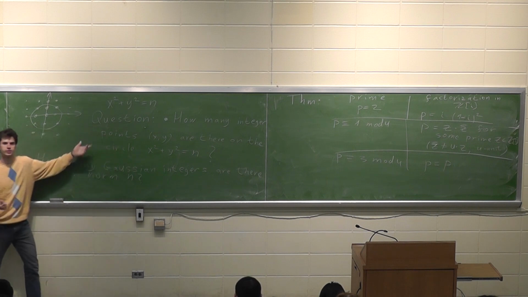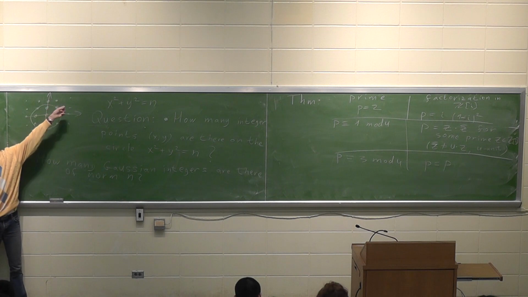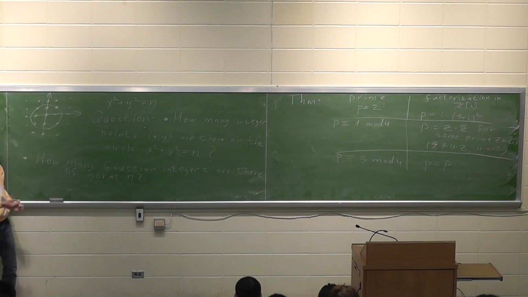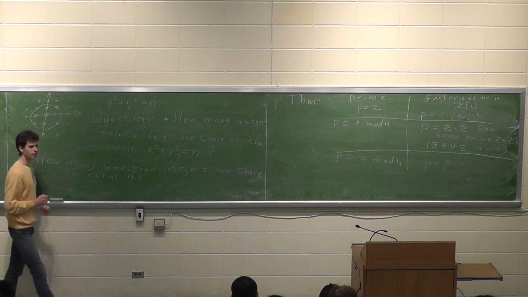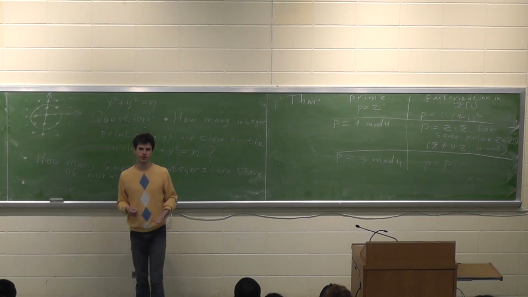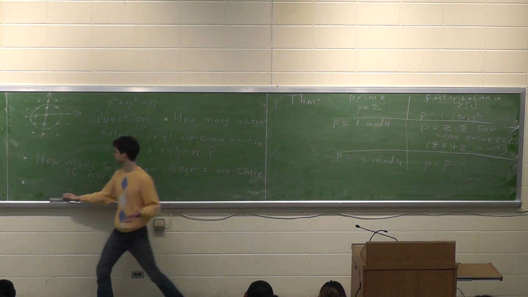So it's the same question. How many Gaussian integers are there whose norm is equal to n? Or, once again, how many ways are there to write n as a sum of two squares?